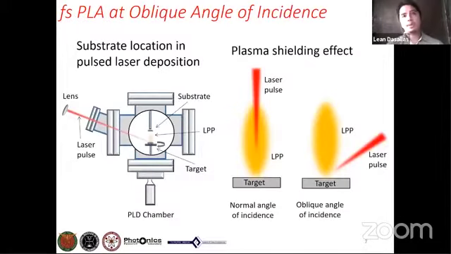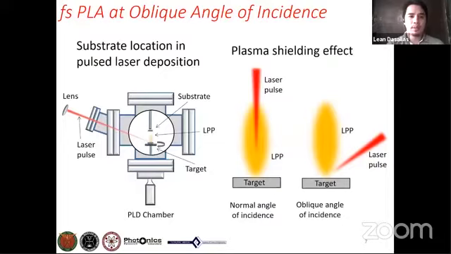Now, in most of the investigations done using the two temperature model, almost all of them assume that the laser pulse will approach the surface of the target at a normal angle of incidence. But in some cases, the normal angle of incidence is not advisable.